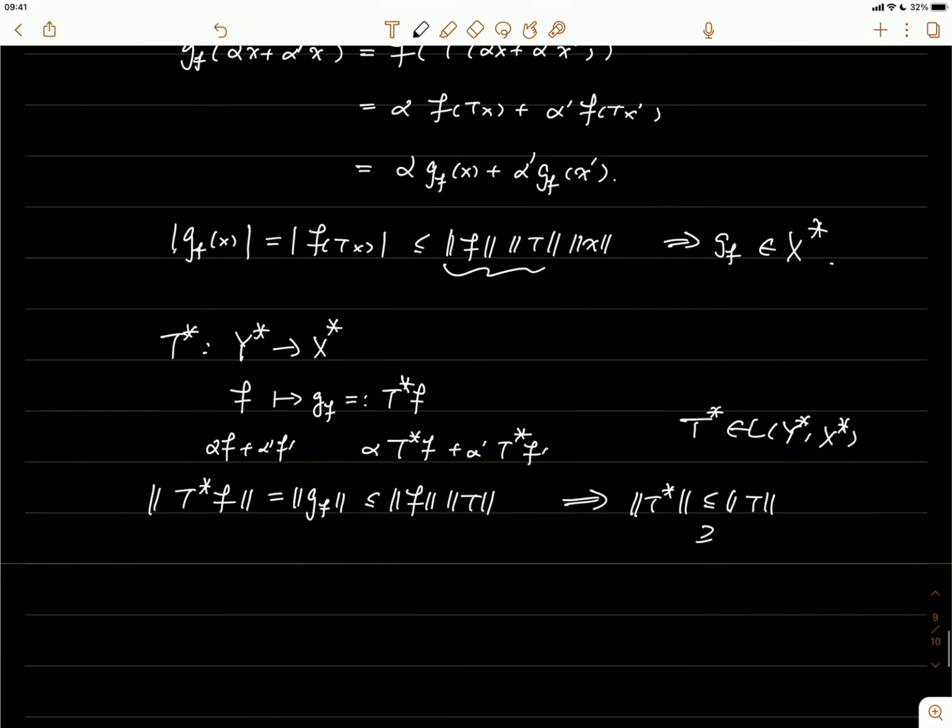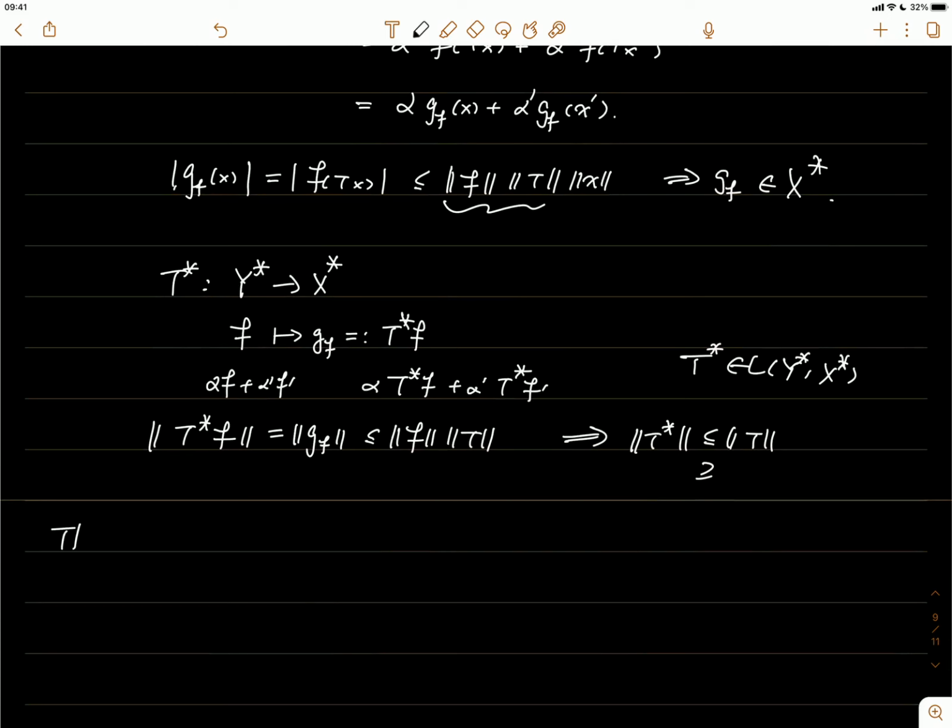Okay, so let me summarize the result below. Let's define a mapping star. It maps any bounded linear operator from X to Y to a bounded linear operator from Y star to X star.